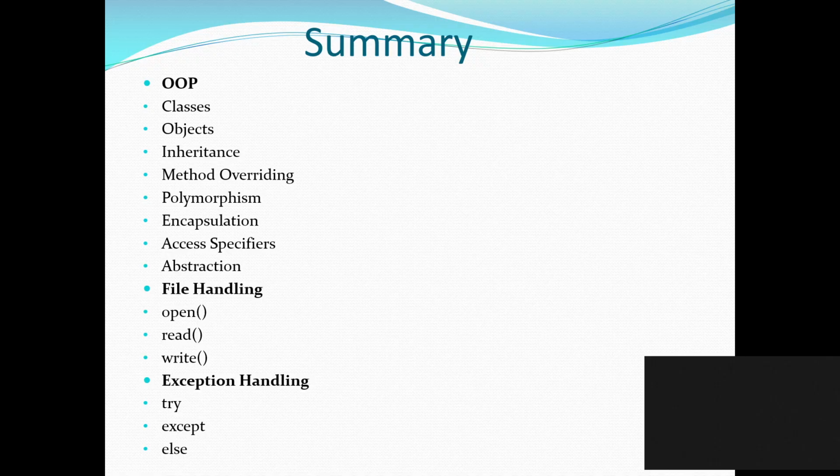After this large part of OOPs, we discussed the next part of the topic called file handling and exception handling, where we learned why it's necessary for a file to be accessed, why we should learn it, how to open it, how to close it, how to read or access it, and finally how to write the file.